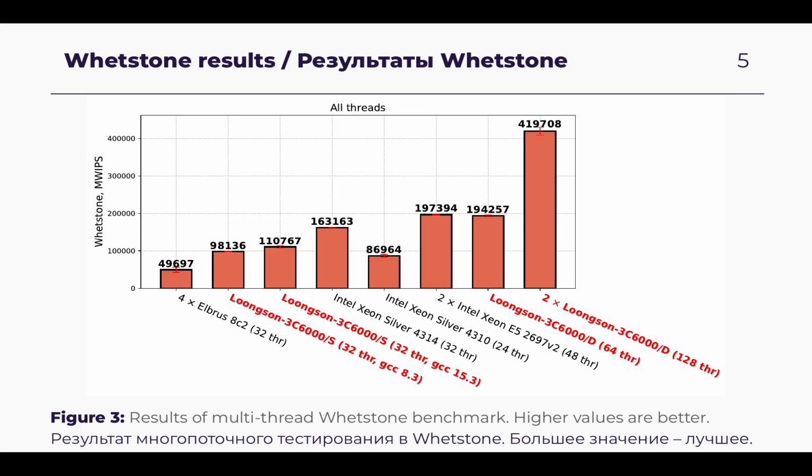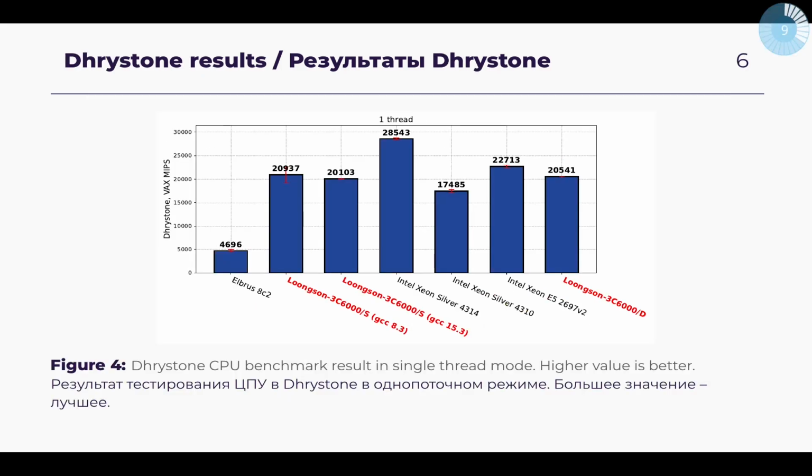And if you look at the last column, these two CPUs are Loongson 3C6000D with a very huge number of threads. Next slide.